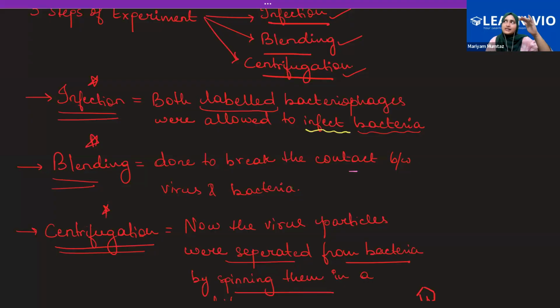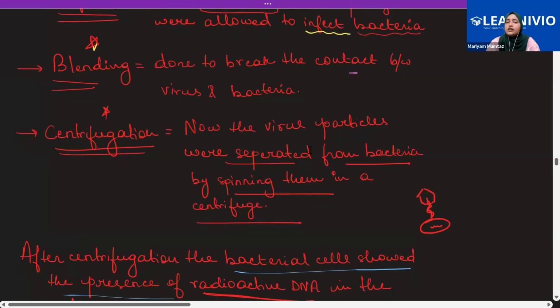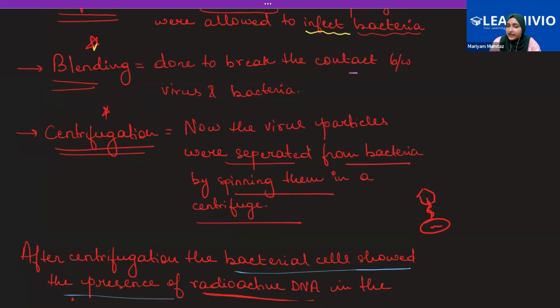They thought that since the virus had now infected the bacteria in this amount of time, whatever the genetic material was, it had been transferred. Now they caused the blending. Blending means they remove them from each other. Lastly, centrifugation means the viral particles were separated from the bacteria by spinning them in a centrifuge. The heavier one settles at the bottom, and the lighter one remains at the top during centrifugation.